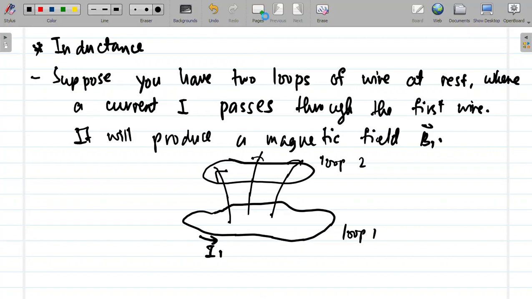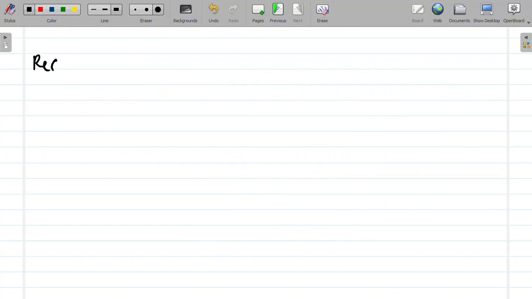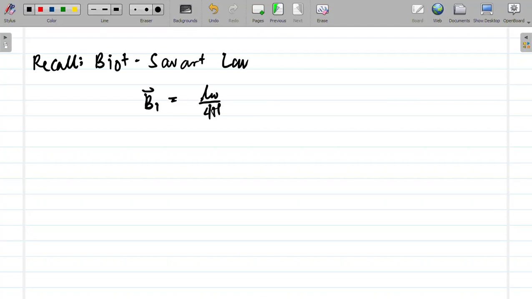Now, let us recall, ano ba yung magnetic field na pinoproduce ng wire 1? Let's recall the Biot-Savart law. So, yung Biot-Savart law, B1 is just mu naught over 4 pi, I1, tapos closed loop integral ng dl1 cross r hat over r squared.